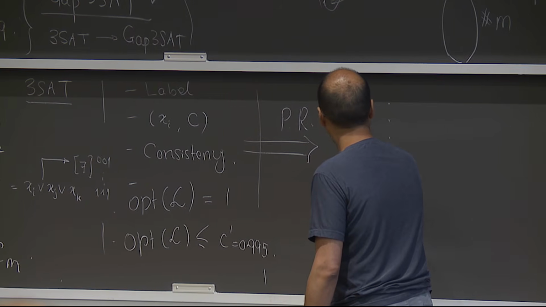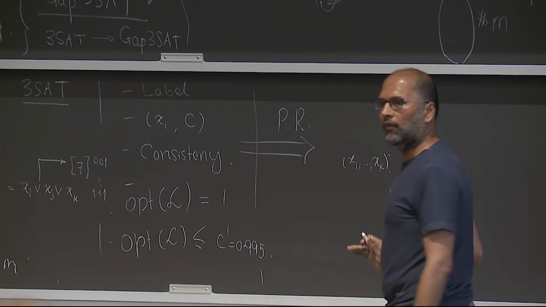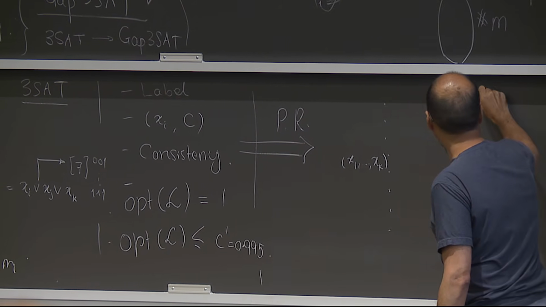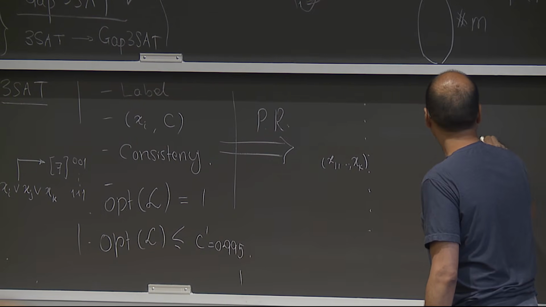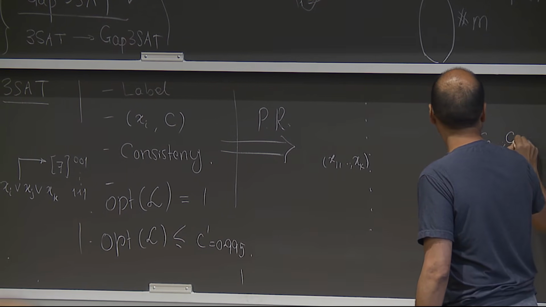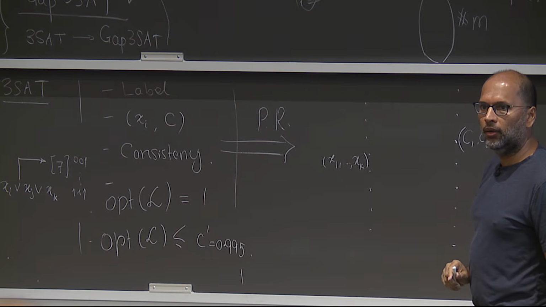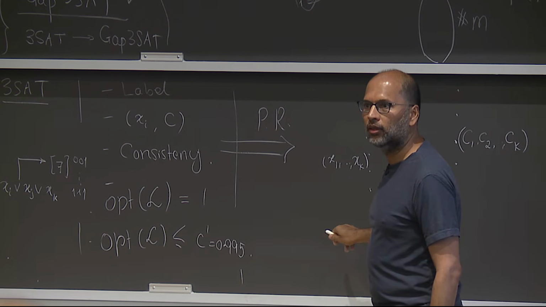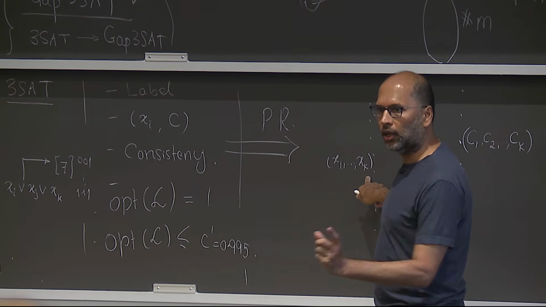Typically a vertex here would look like a sequence of k variables, all possible sequences of k variables. Similarly, on this side, you are going to have all possible sequences of k clauses, C1, C2 up to Ck. Okay? And what are the assignments? What do you want to assign to a tuple x1 through xk?